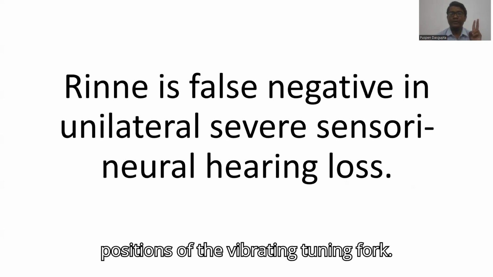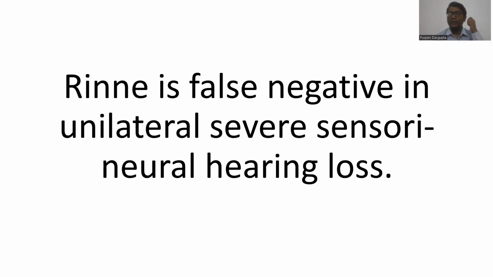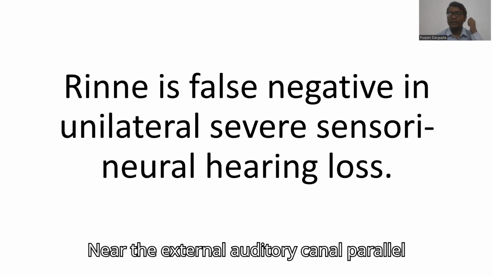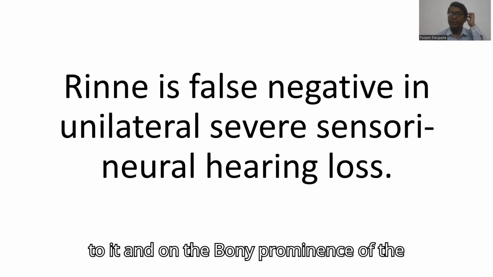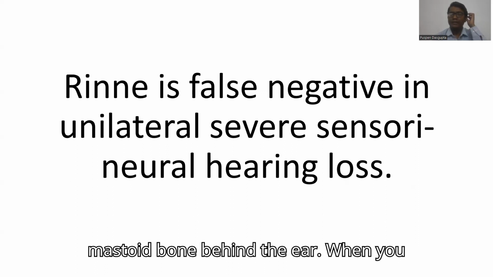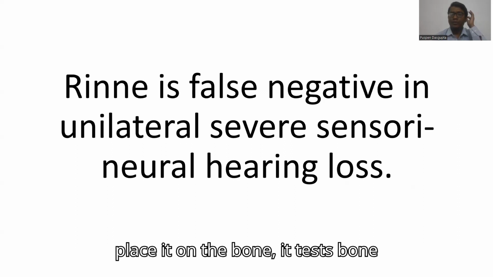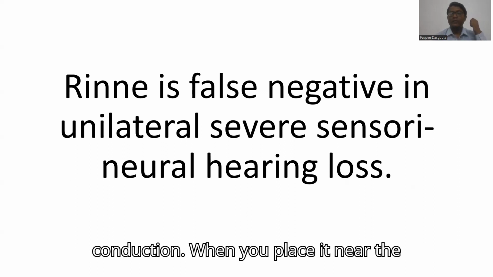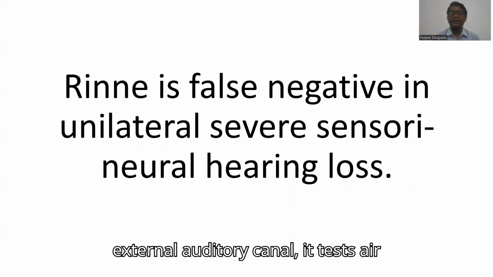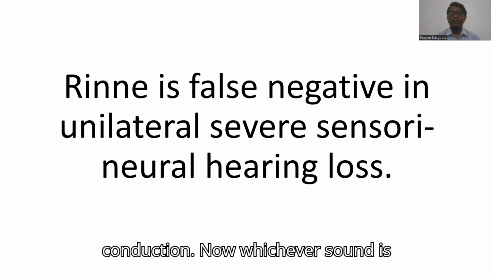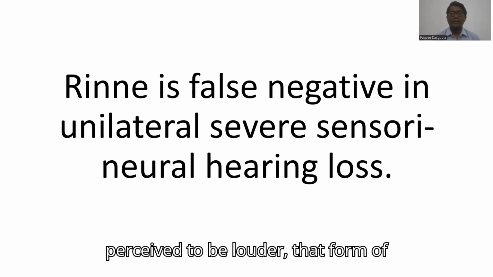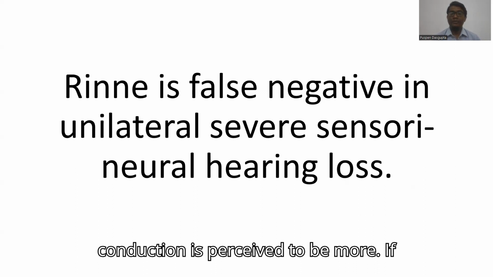So there are two positions of the vibrating tuning fork. Near the external auditory canal parallel to it, and on the bony prominence of the mastoid bone behind the ear. When you place it on the bone, it tests bone conduction. When you place it near the external auditory canal, it tests air conduction. Now, whichever sound is perceived to be louder, that form of conduction is perceived to be more.